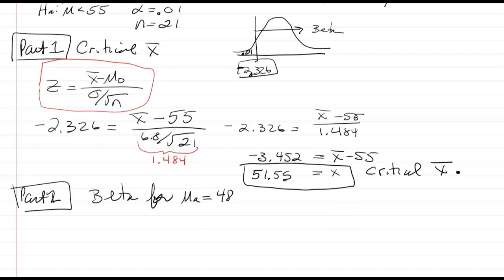Basically, what we're doing is just finding areas under a curve to calculate our true mean. Because again, if you draw a picture, okay, we're going to now put that 48 center as the true mean, and our critical x bar of 51.5 is out here somewhere.